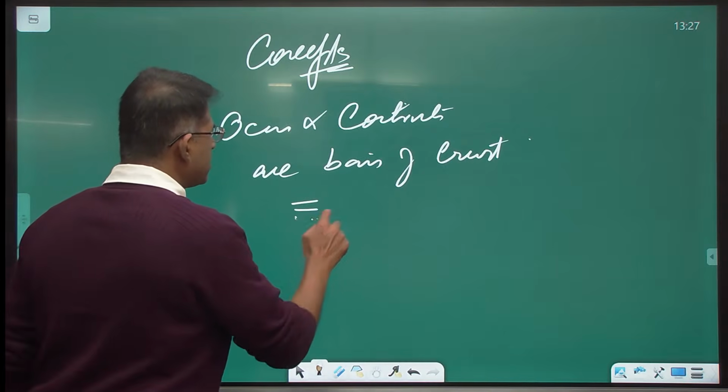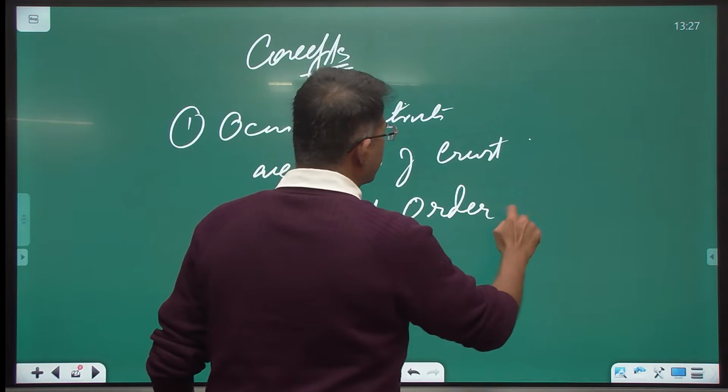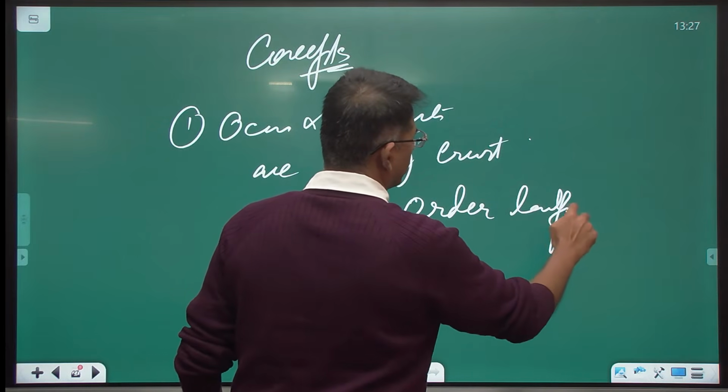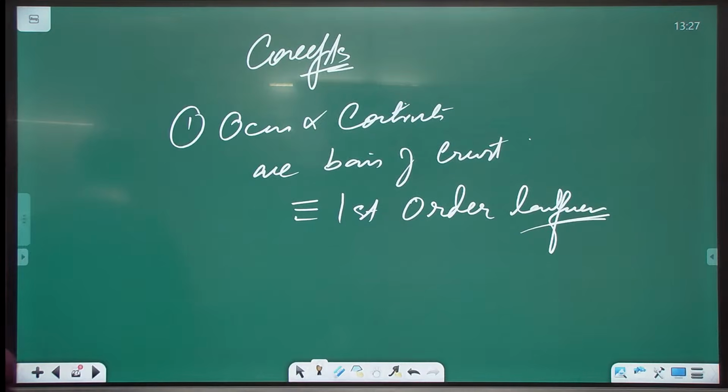They are called first order landforms. All oceans taken together and all continents taken together, we call these first order landforms.